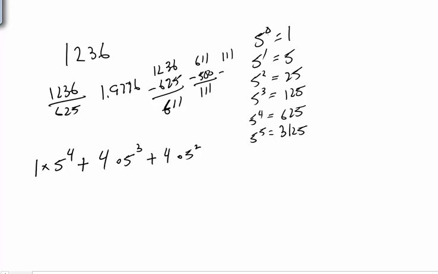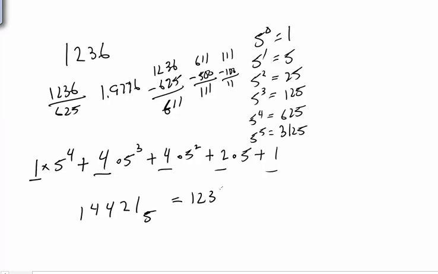So 111 minus 100, we now have 11 left over. Okay, and now we're on 5, so how many multiples of 5 can I get to go into 11? Well, 2 times 5 is 10, so 2, and then how much is left over? A 1, right? So this would translate, I'm looking at these main digits right here, to 14421 in base 5, which would be the same as 1,236.